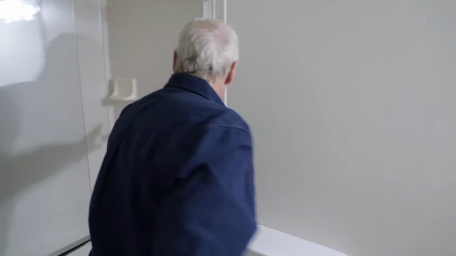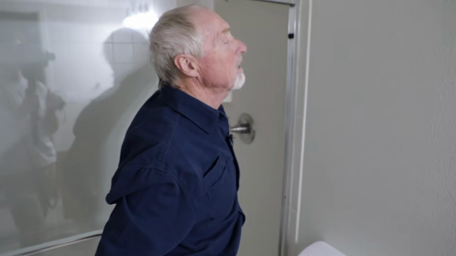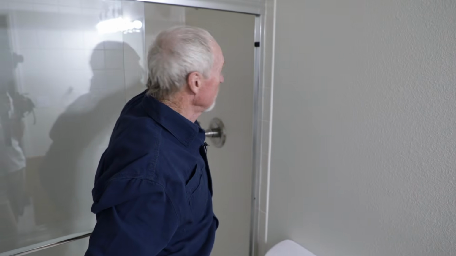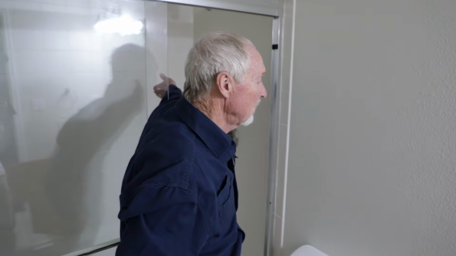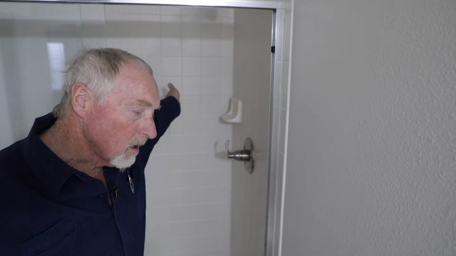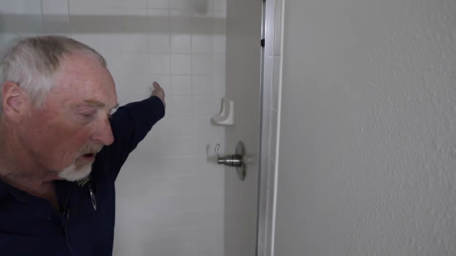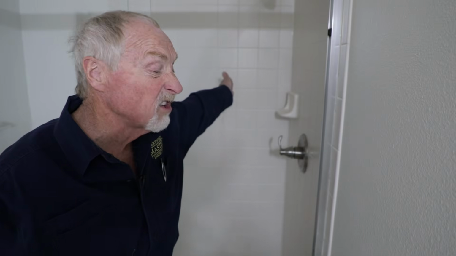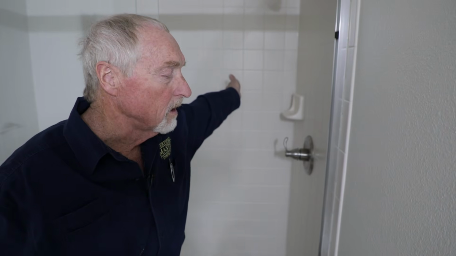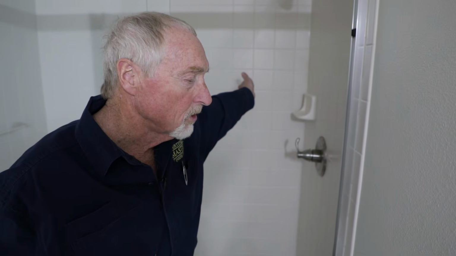I'll run this for a minute to see if it gets hot. Tells me that the fixture was put on properly. Don't have a hot-cold reverse. And the other thing, I will hold it on hot for a moment and just make sure it's not too hot. We never want it above 120 degrees.